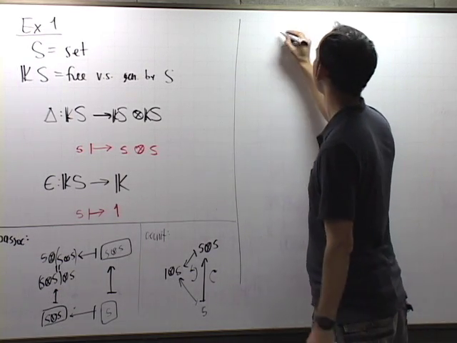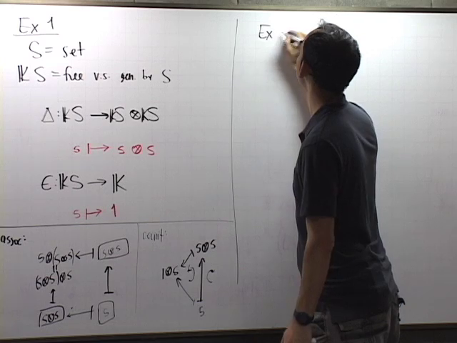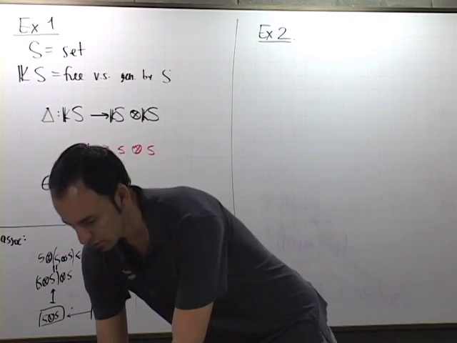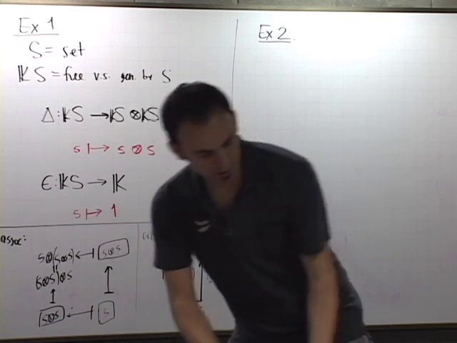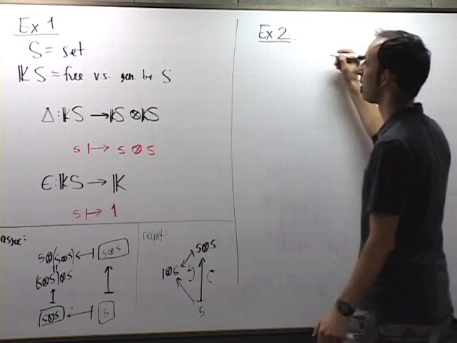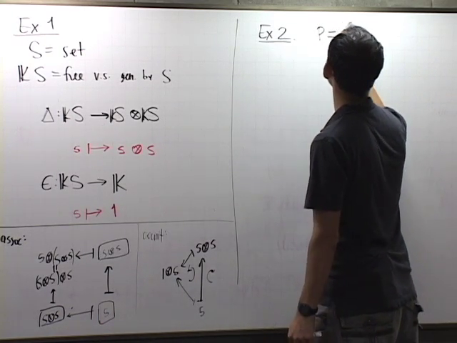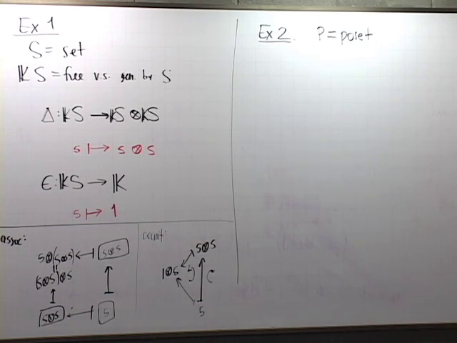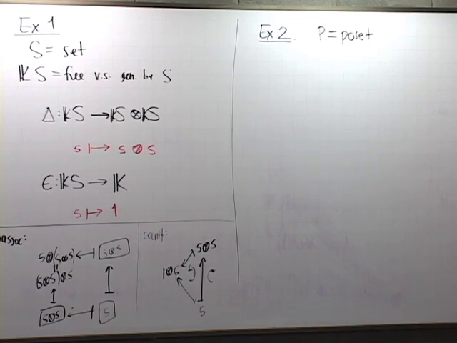Example 2. This is more interesting. So example 2 is that we take a poset. Is everybody happy with posets, partially ordered sets?